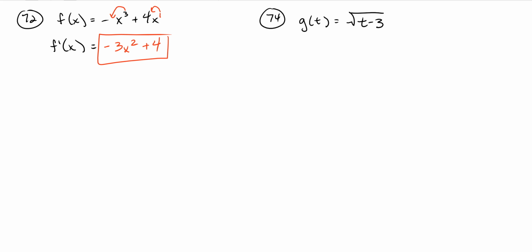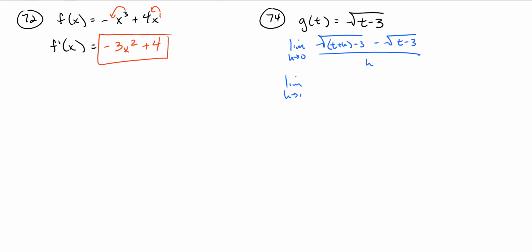So let's go ahead and set up the difference quotient. It's the limit as h goes to 0 of the square root of t plus h minus 3 minus the square root of t minus 3 all over h.